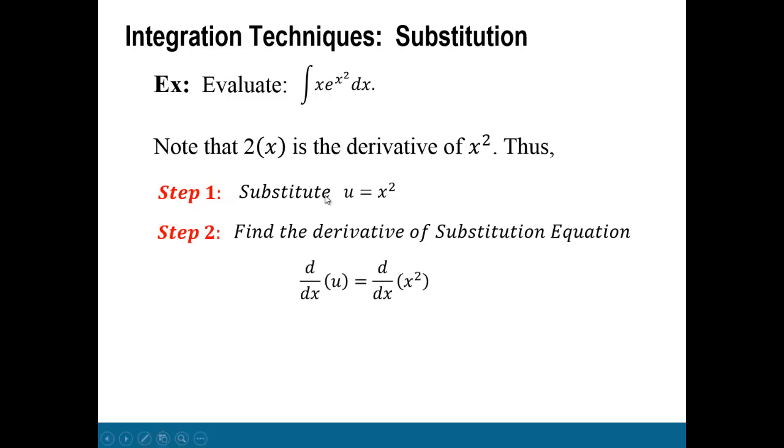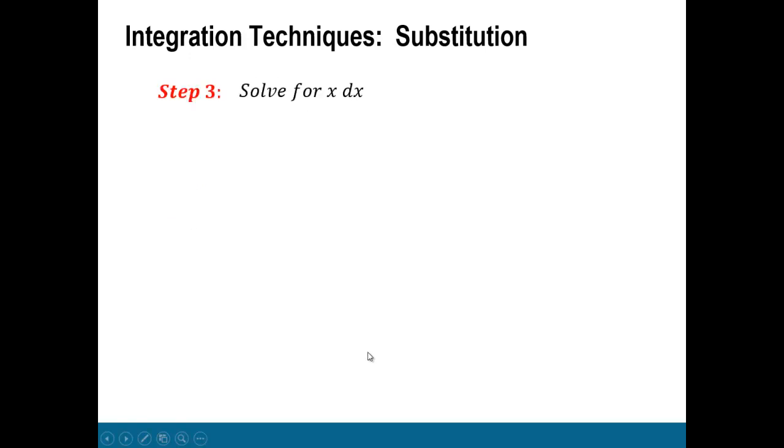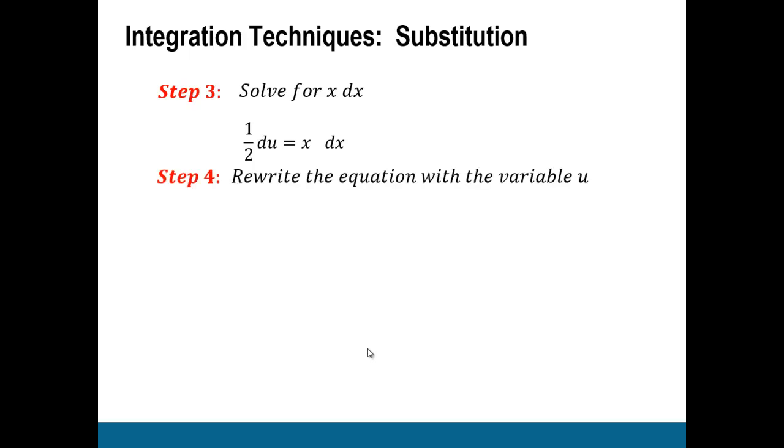So we'll take the derivative for both sides. The derivative with respect to x for u is du dx. The derivative with respect to x for x squared is 2x. In this case, we'll solve for x dx. We'll simply divide both sides by 2, and we have 1/2 du is equal to x dx.